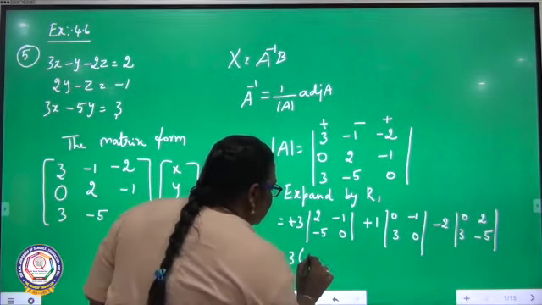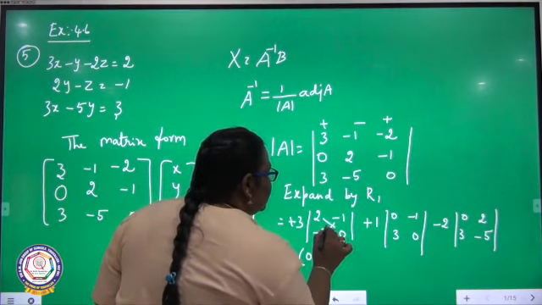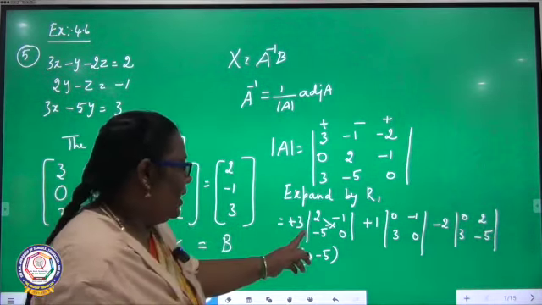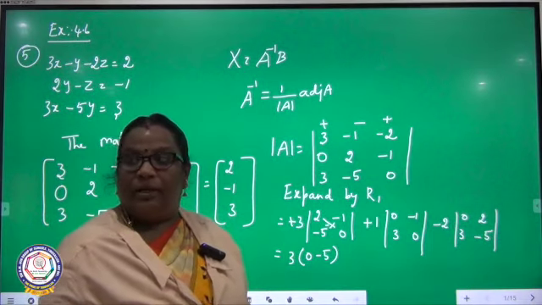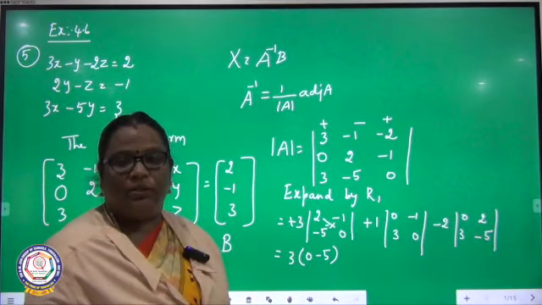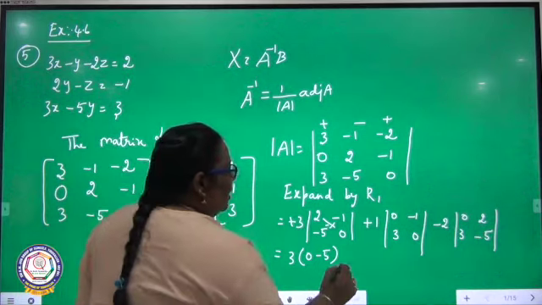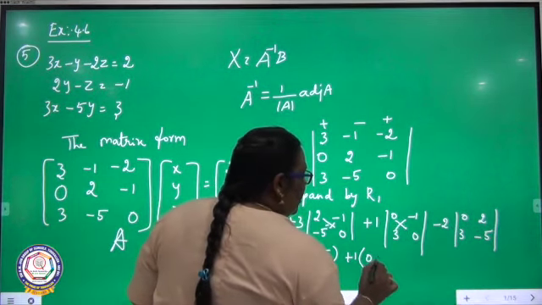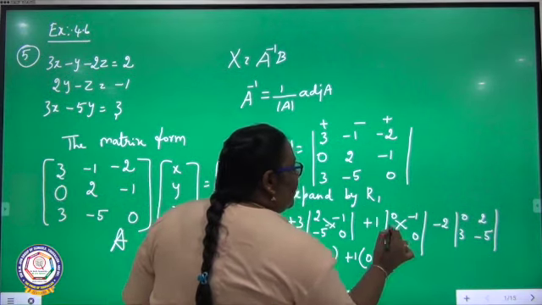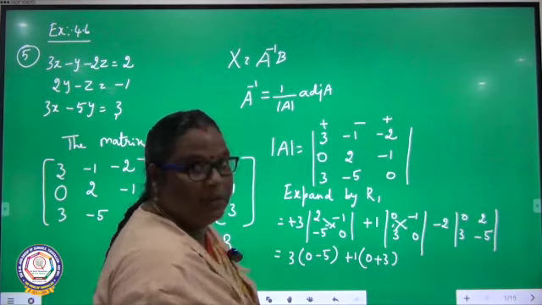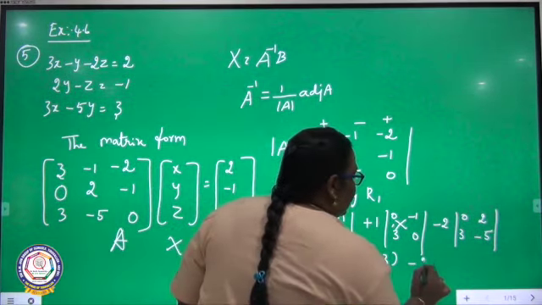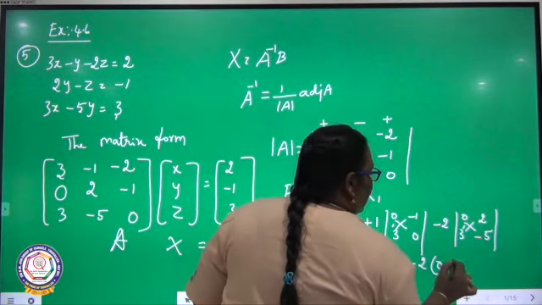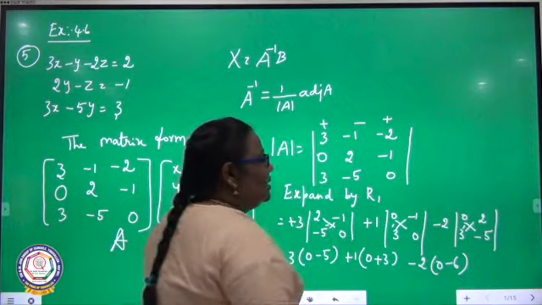3 into 0, cross multiplication, minus 5. Minus 5 into minus 5, plus 5, already one minus is there, so 0 minus 5. Plus 1 into 0 plus 3, 0 minus into minus plus 3. Minus 2 into 0 minus 6.